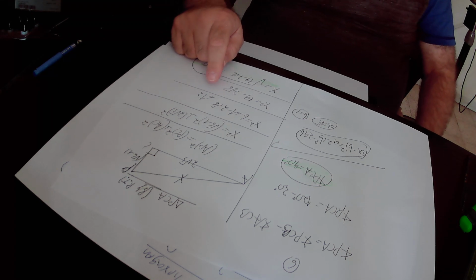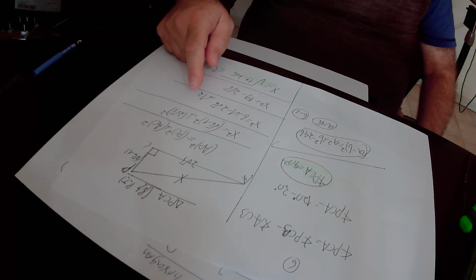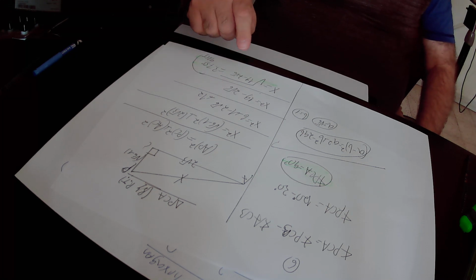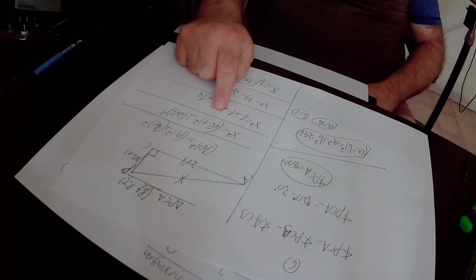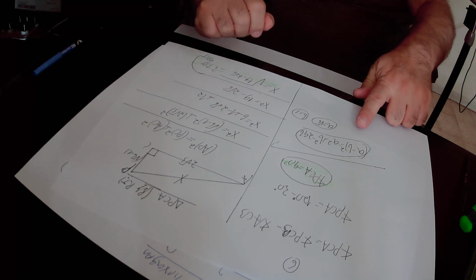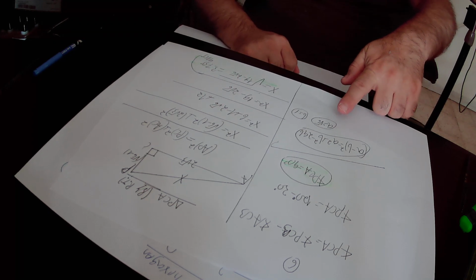2 times the square root of 3, squared: 2 squared is 4, times the square root of 3 squared, which is 3. 4 times 3 is 12. Then we expand the expression square root of 6 minus 1, squared, according to the algebraic identity that a minus b squared equals a squared plus b squared minus 2ab.